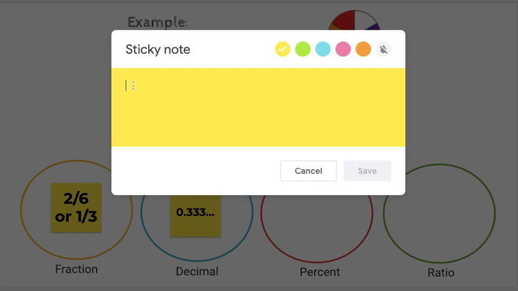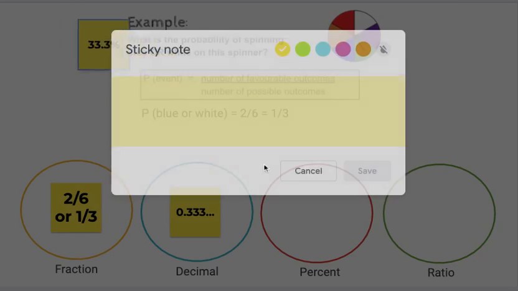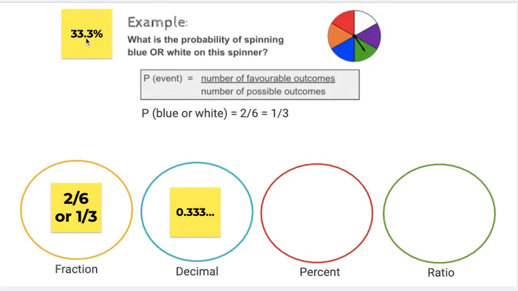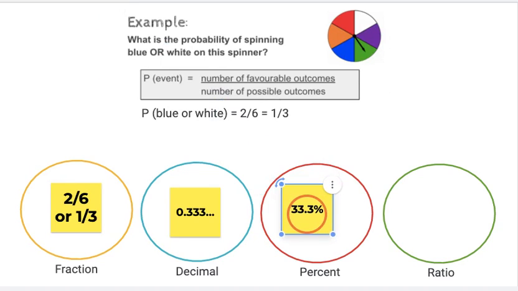That, of course, will give us a percent of 33.3 repeating. Or if we were going to round, we could just put 33.3%. I'm going to add a little bar notation here to show that that 3, in fact, does repeat.